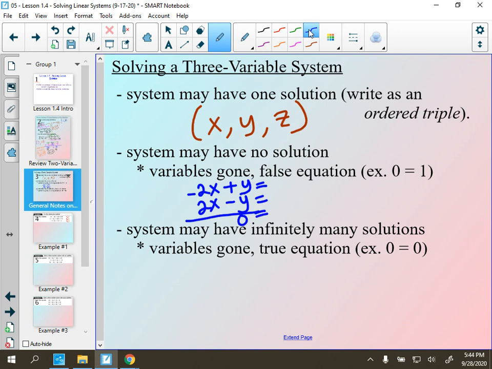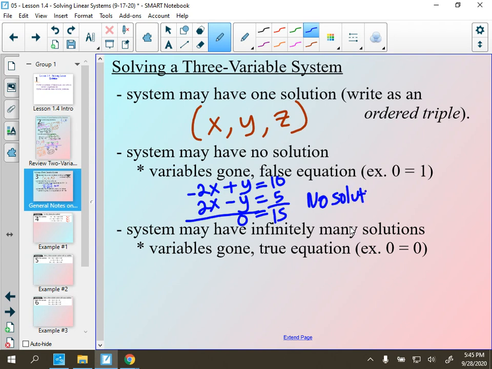Now the right side, depending on what these numbers are, could be anything, say 10 and 5. When I add there, I get 15. This is how I know that there's no solution to this system. I got a statement that was false, that 0 equals 15, and we know that's not true. 0 doesn't equal 15. 0 equals 0, 15 equals 15. So when that happens, I finish up and I just say, hey, this system has no solution.